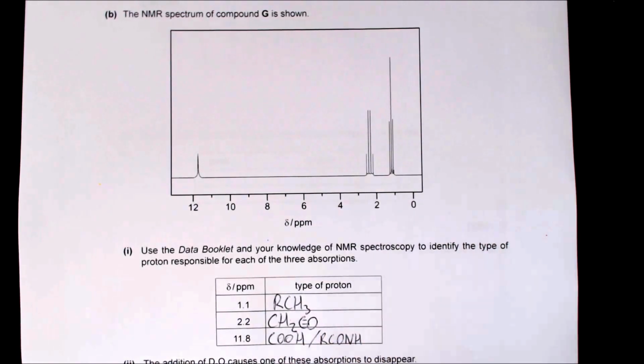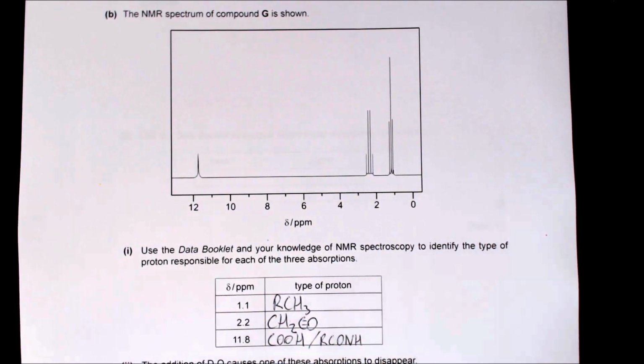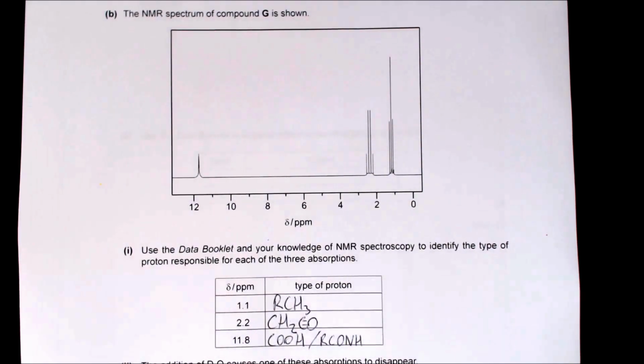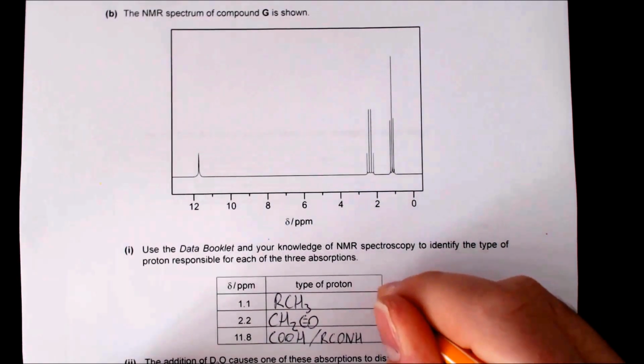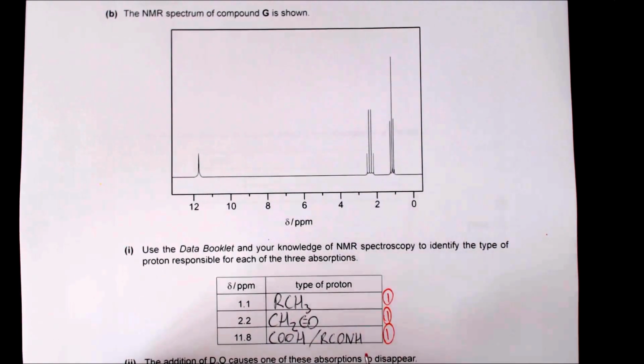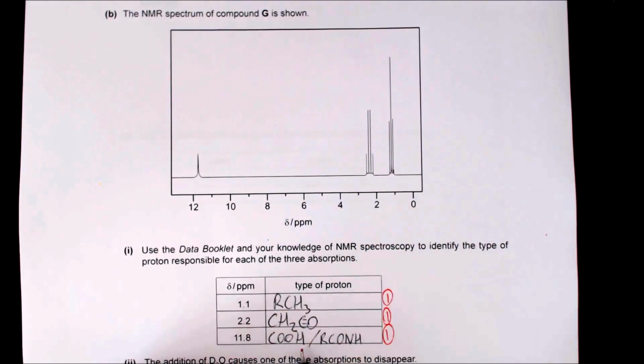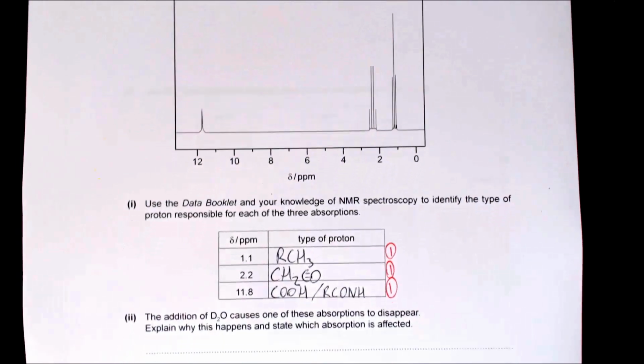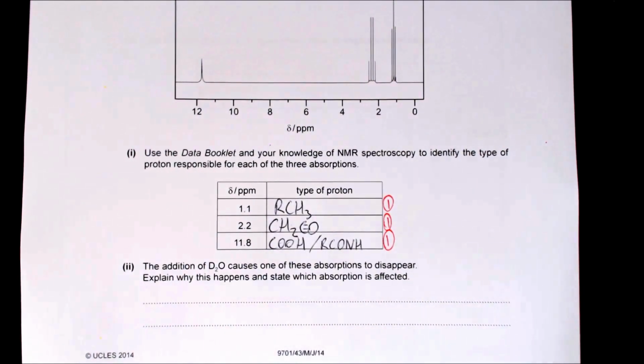So anything like that, either one of them will do effectively. So you get a mark for each one of these. We get a mark here, a mark here, and a mark here. We're still really uncertain about this one that's shifted higher, we don't really know what this is yet anyway. Right, so the next one, part 2, sorry.